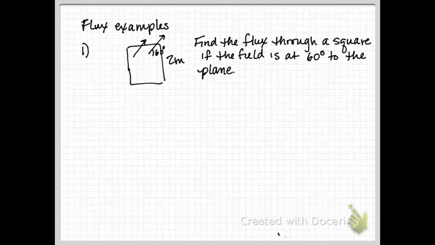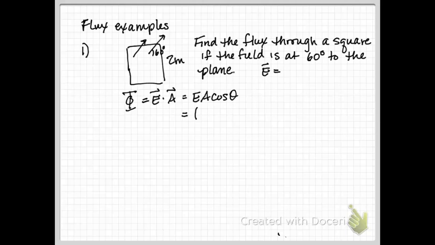So we are going to use the idea that flux is going to be EA cosine theta. So let's see, if our field is 2 times 10 to the 4th newtons per coulomb.